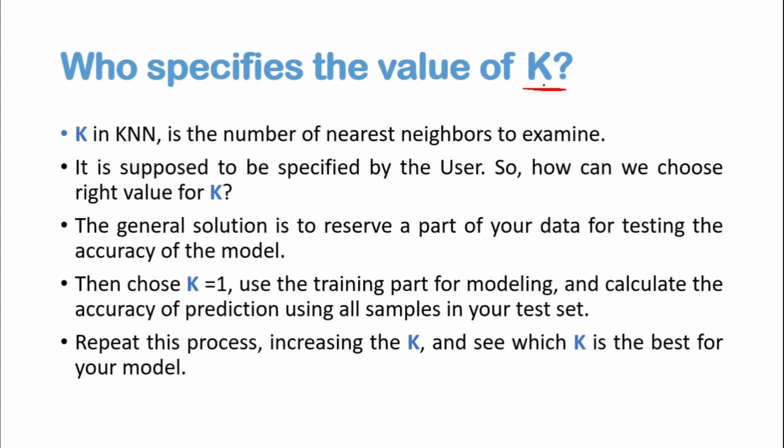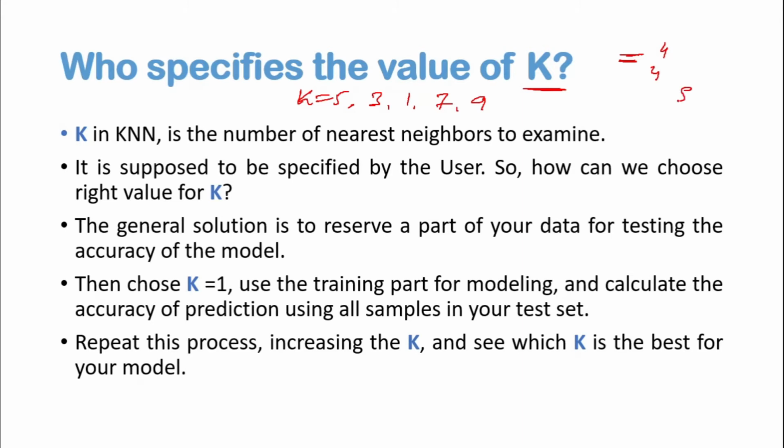But who specifies the value of k? Whether to take k equal to 5, 3, 1, 7, 9, what value? Why am I taking odd numbers? Because I should not end up with a conflict.